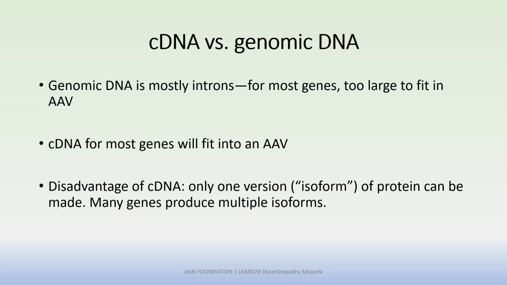So before you do the splicing, the DNA of a gene in our genome is far too big to fit into an AAV. But after the splicing, the compact form of DNA, which is called cDNA, for most genes will fit into an AAV. But there are a couple of disadvantages.